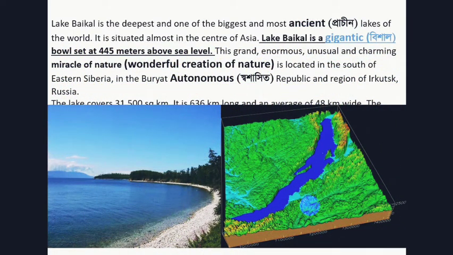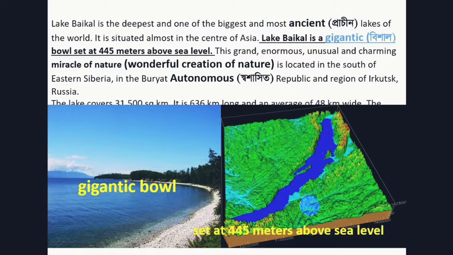Lake Baikal is a gigantic bowl set at 445 meters above sea level. So, what do you see in the picture? The lake's view is quite like a bowl, and it sits at 405 meters above sea level.